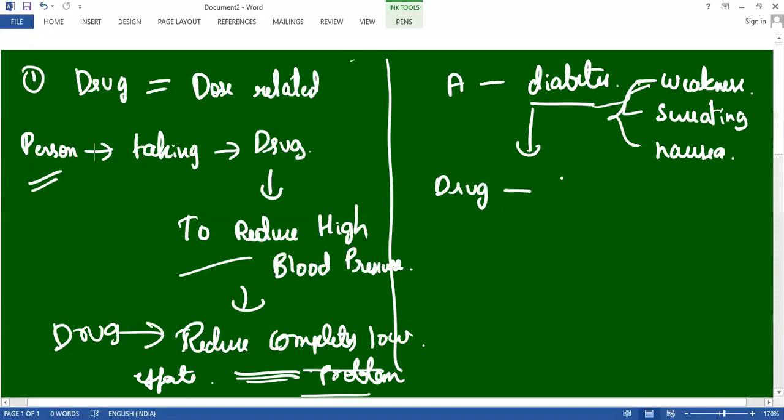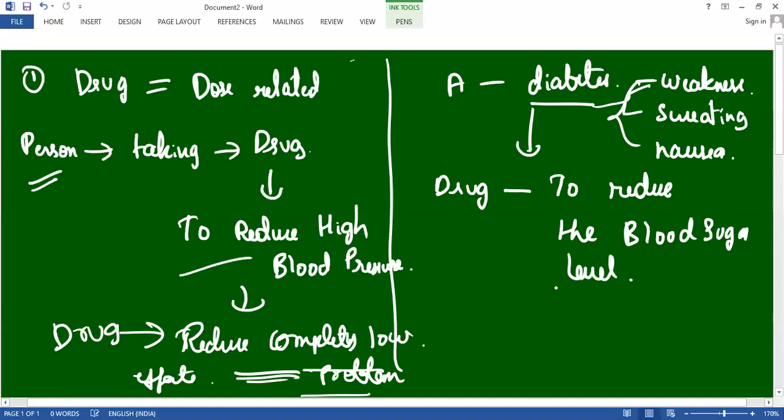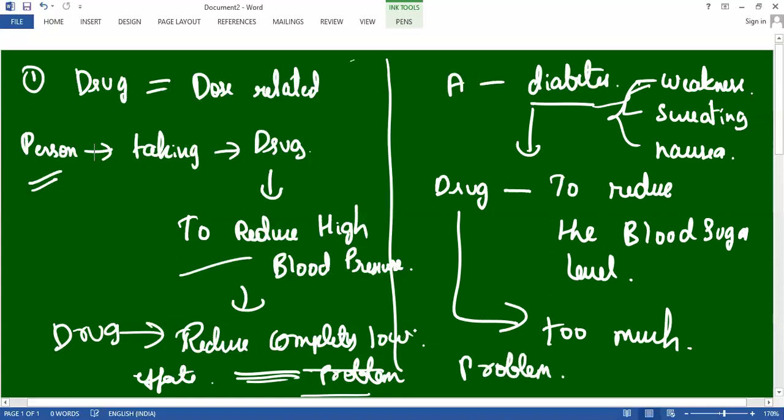He will take a drug to reduce the blood sugar level. But if the drug reduces it too low, again it is a problem. That's how this is related to the dose.